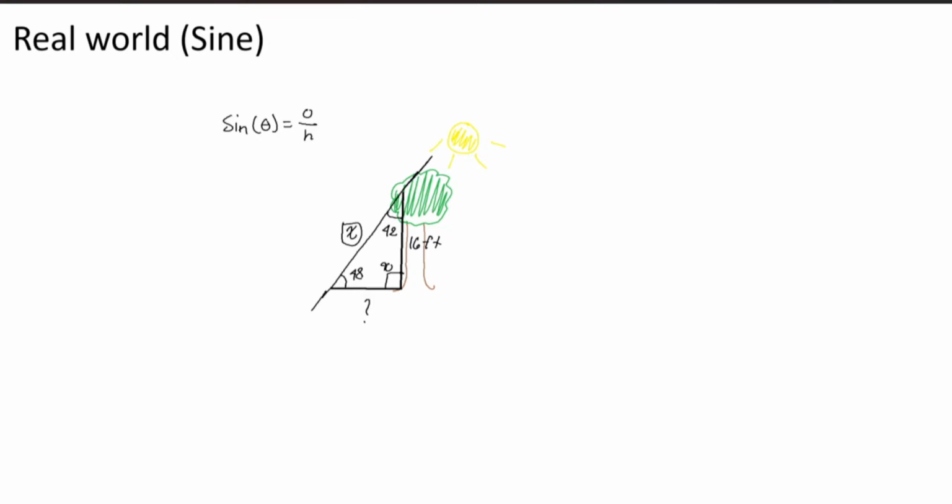So how will we set this up? Well, we can say the sine of 48 is equal to 16. The reason we're using 48 is because, since we're using sine, the opposite side would be 16 and the hypotenuse would be x. So we're going to do 16 over x.